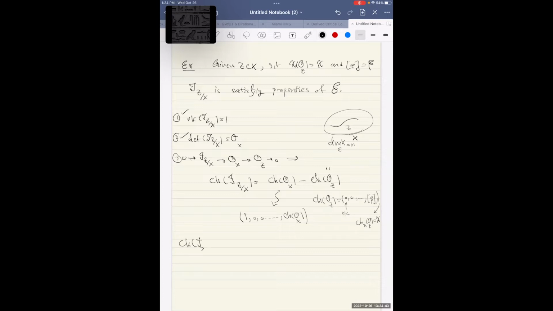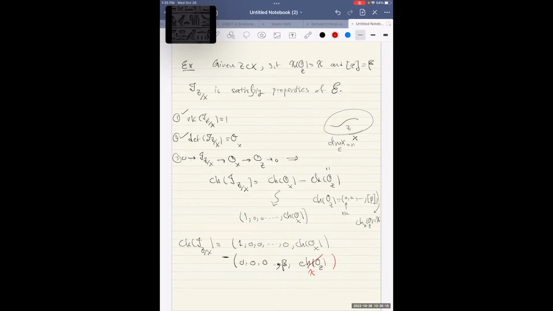The Chern character of I_Z,X is the tuple this, minus the tuple 0, 0, then maybe here beta, and then Chern_n of O_Z, which is equal to this one.